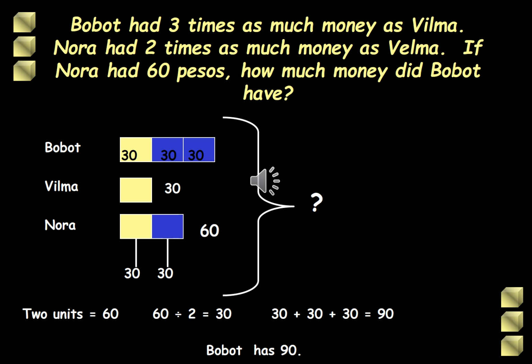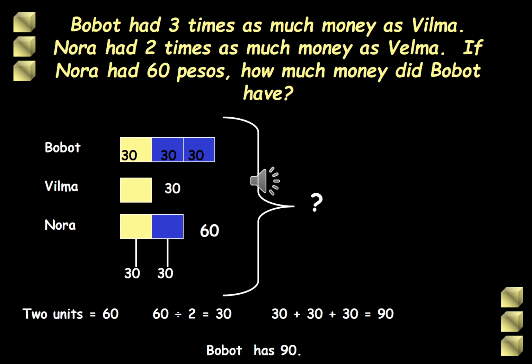Now, one relationship that we are told by the problem is that Nora had 60 pesos. And going back to Nora's money, the ratio of Nora's money to Vilma, it says Nora had 2 times as much money as Vilma.